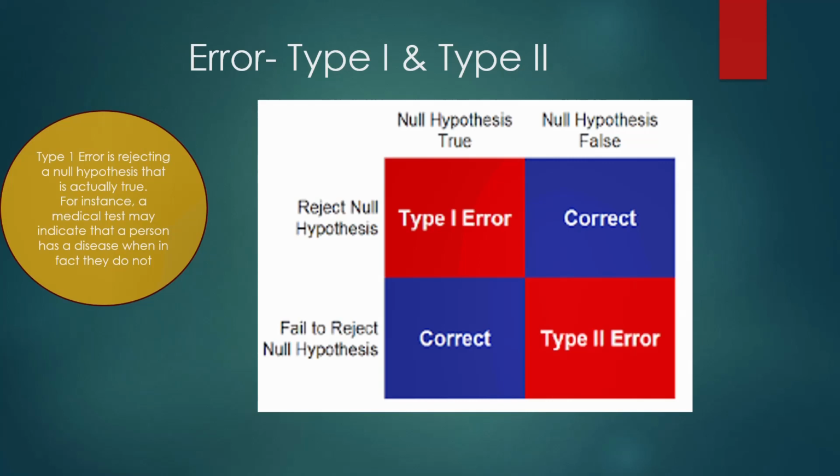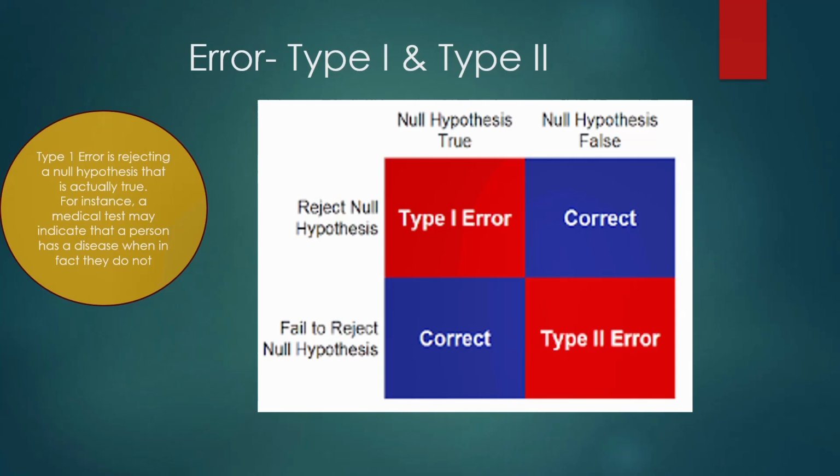If we are rejecting a null hypothesis that is false, there is no problem in our study. We already set a wrong hypothesis, we reject it, and there is no error in that. In the next case, the null hypothesis is true, and we fail to reject it.